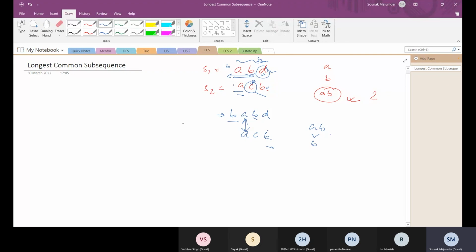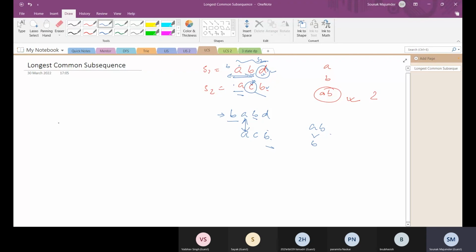So this proves that it is always beneficial if two elements are matching. We will match those, and we take some already calculated LCS from previous to the matching elements.